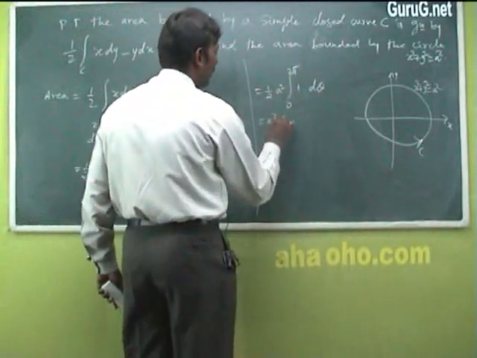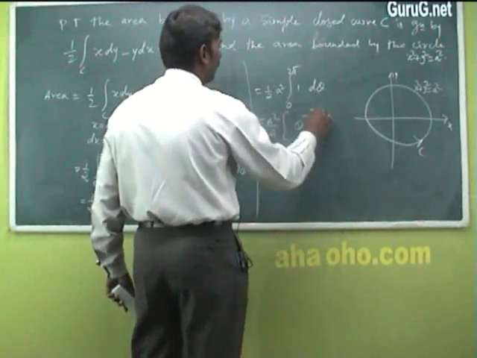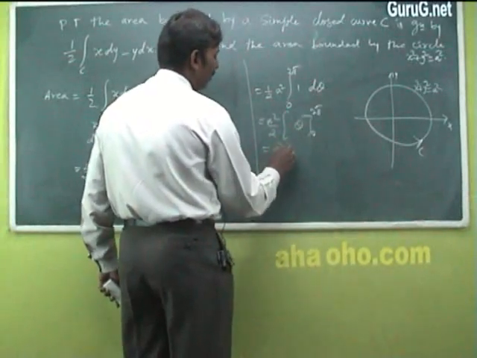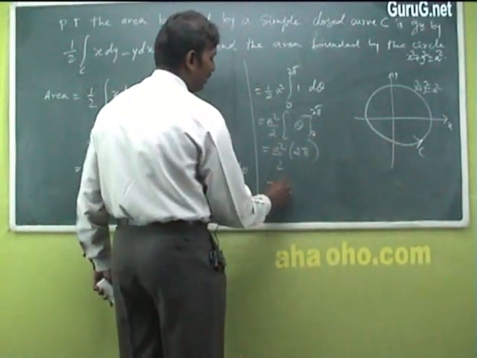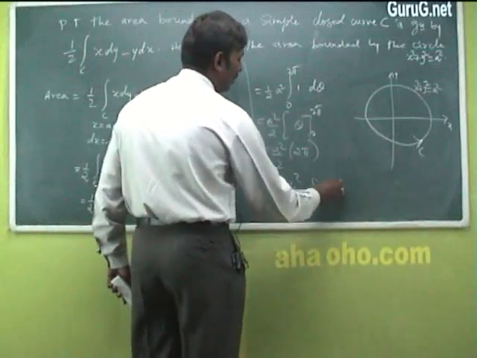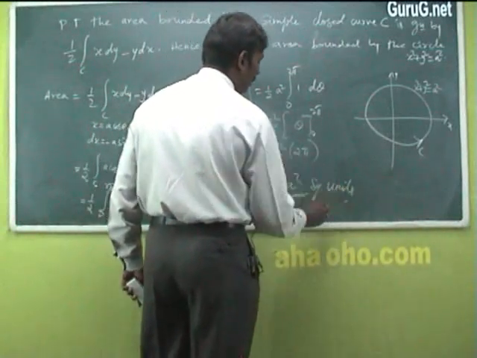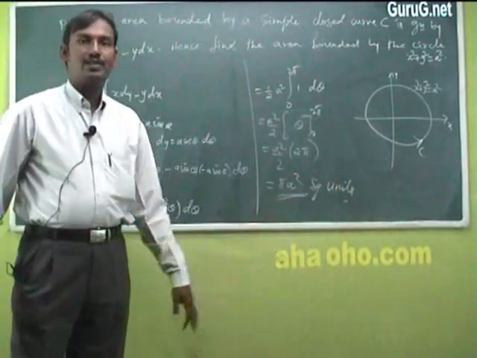So a squared by 2, theta from 0 to 2 pi. So a squared by 2 into 2 pi, so pi a square. So the area of the circle with radius a is pi a square, right?